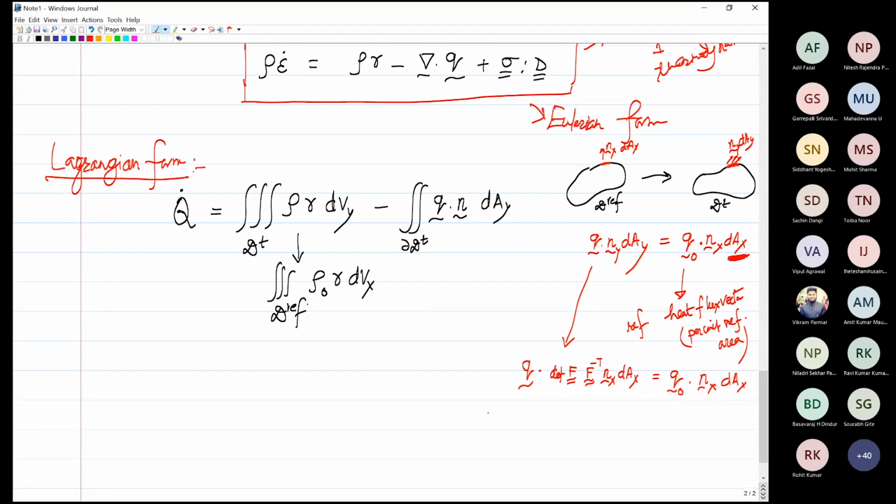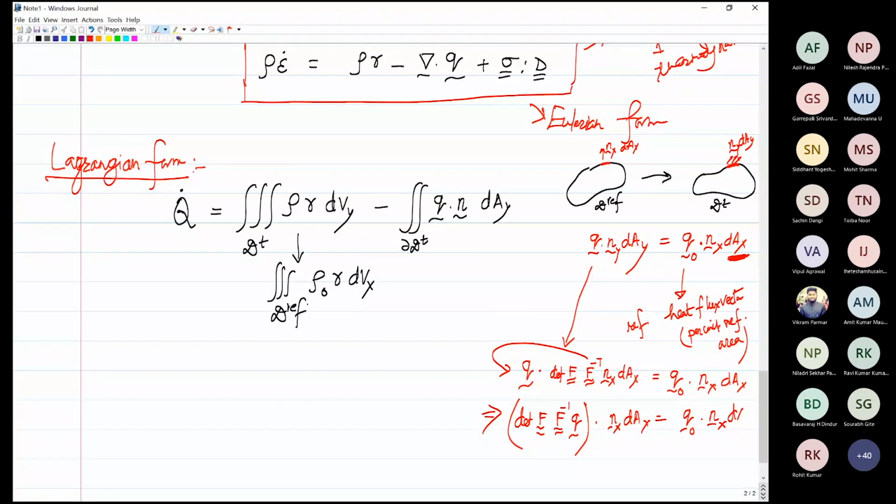So that implies, you bring this on the other side, you have det F times F inverse times q dot with Nx dAx, that's equal to Q naught dot with Nx dAx.